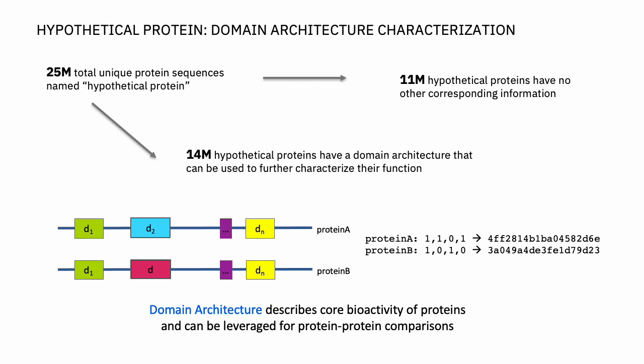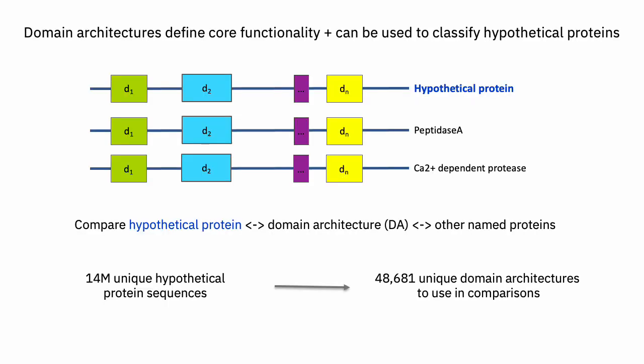We've reviewed how this domain architecture is constructed, and we observed that out of the total 25 million unique protein sequences that are named as hypothetical protein, approximately 14 million proteins already have domain architecture that can be used to further characterize their function. These 14 million protein sequences distill down to 48,000 unique domain architectures.